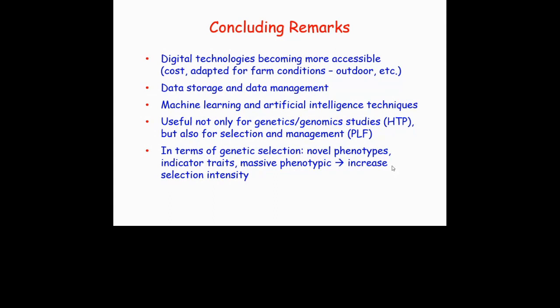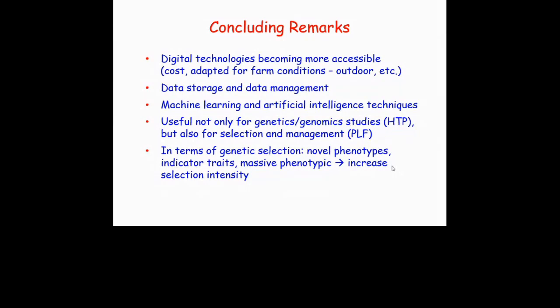So people in genetics using high-throughput phenotyping are maybe helping indirectly precision livestock farming, and individuals working in management and developing tools for precision livestock management are also helping high-throughput phenotyping for genomic selection.